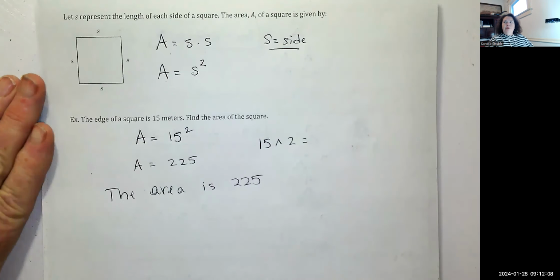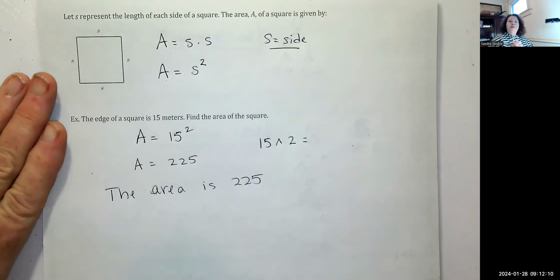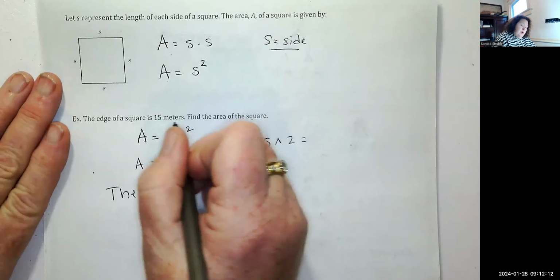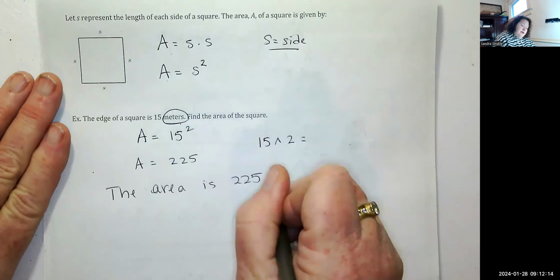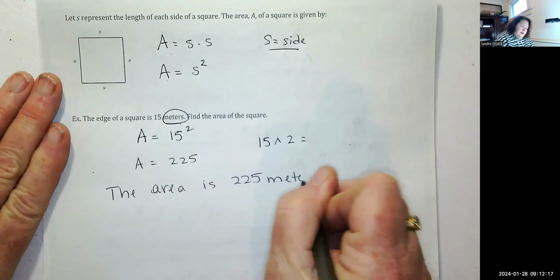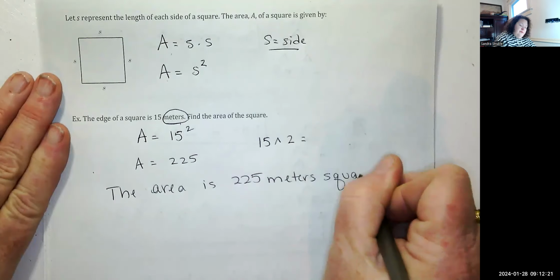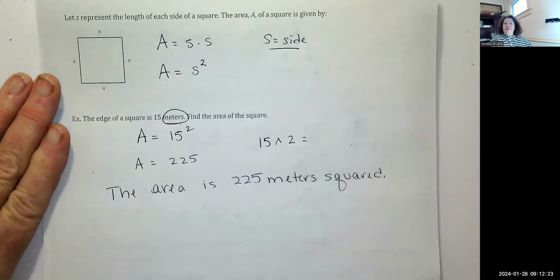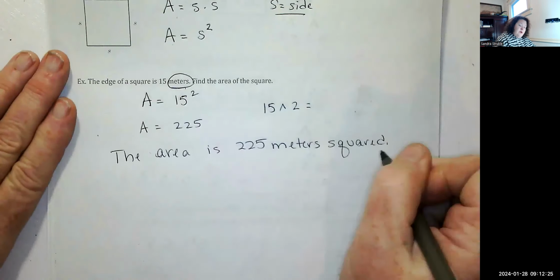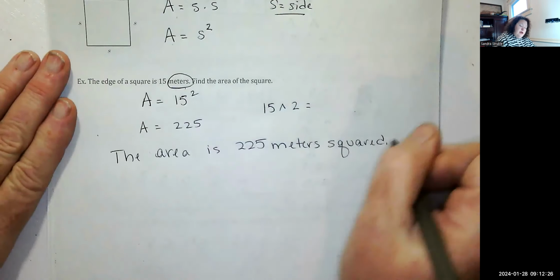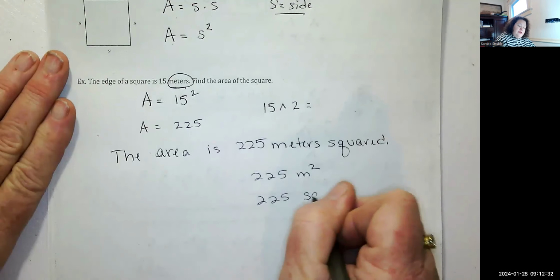Sit-ups, push-ups, what are we doing here? It's square meters. Because we're squaring it, and we need to know the unit is meters, and they are being squared. So you could say 225 meters squared, you could say 225 square meters.